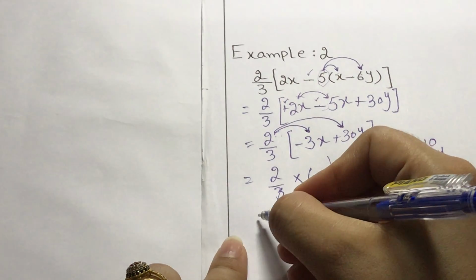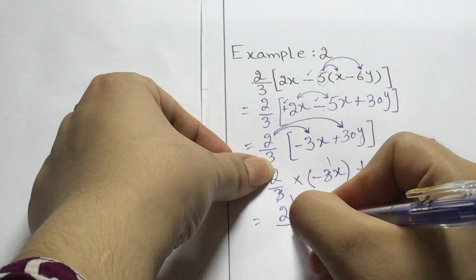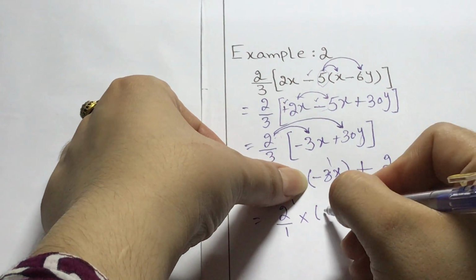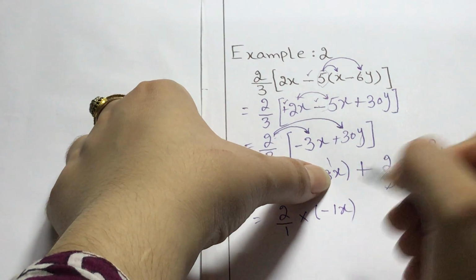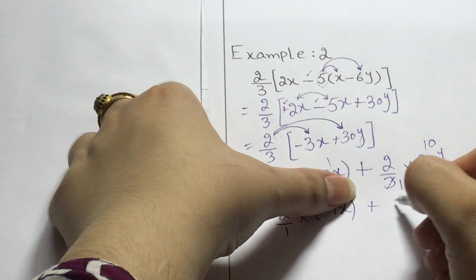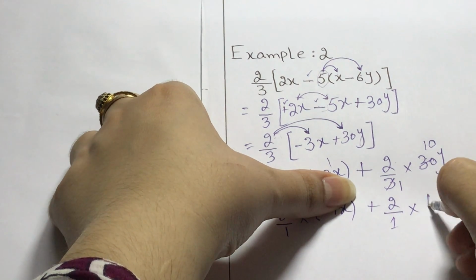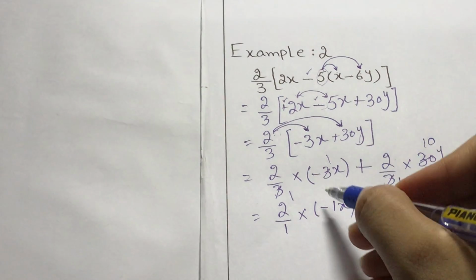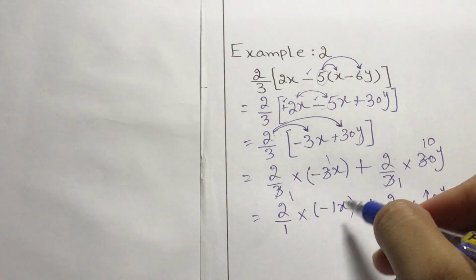Now write the remaining numbers. 2 over 1 multiplied, in the bracket you have negative 1 and x, plus 2 over 1 multiplied by 10y, right? Now 2 1s are 2 because these two are the multiples.